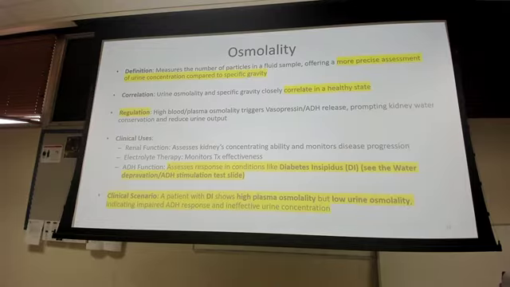All right, osmolality. Osmolality measures the number of particles in a fluid sample, in blood and plasma. So osmolality is really your portion of urine to blood and what the products are in urine to blood. Okay, and we'll talk more about it on this next slide.